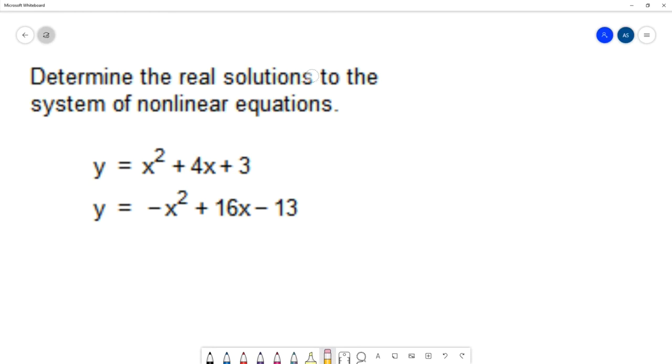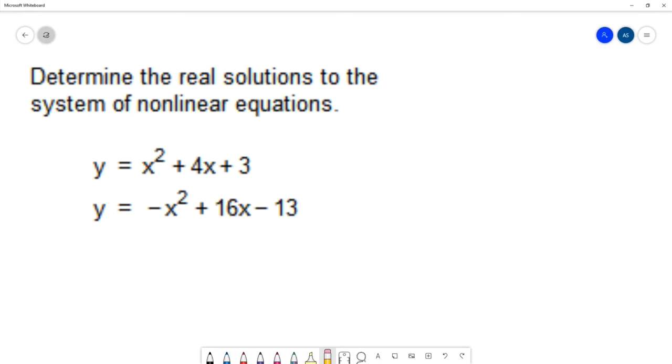Determine the real solutions to the system of nonlinear equations. Here we have y equals x squared plus 4x plus 3, and y equals negative x squared plus 16x minus 13. Now when we solve systems like this, we typically use substitution and elimination, or either one of those methods.